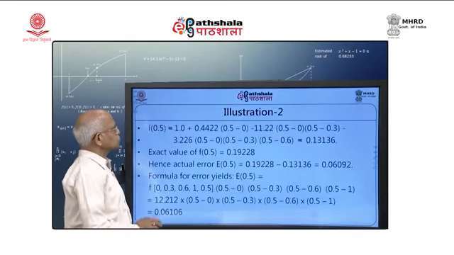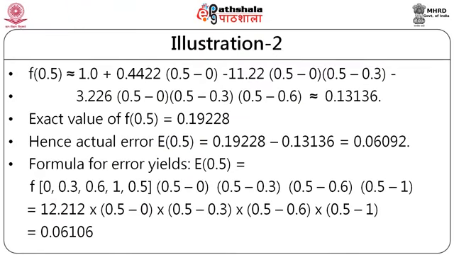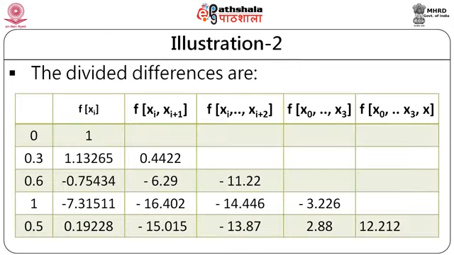Now we consider the value of f(0.5) using the third degree Newton's divided difference interpolating polynomial, for which we use these values from the table.